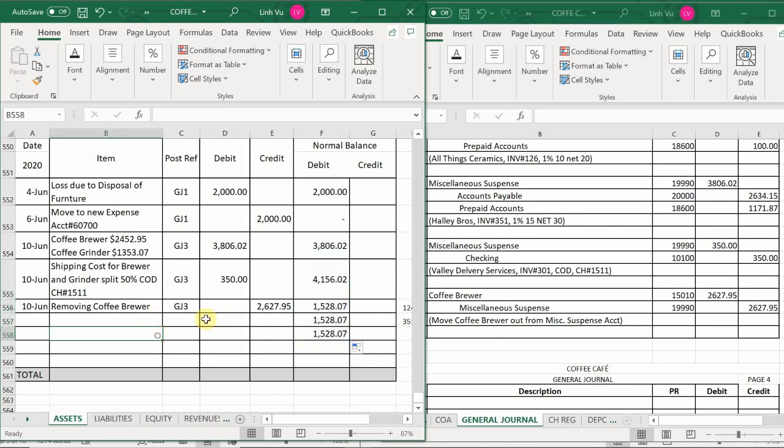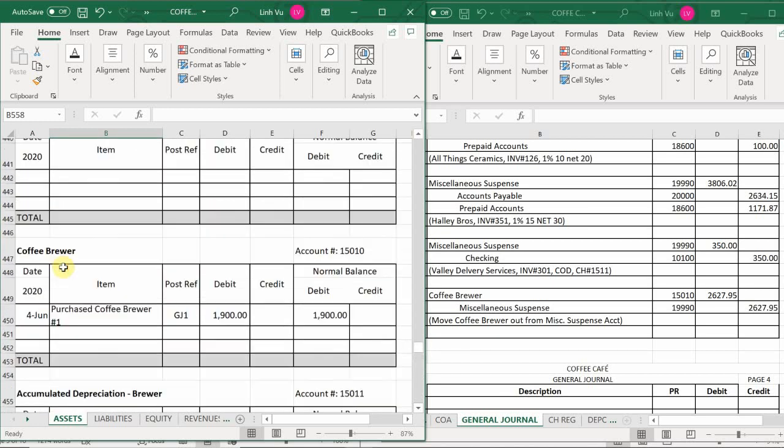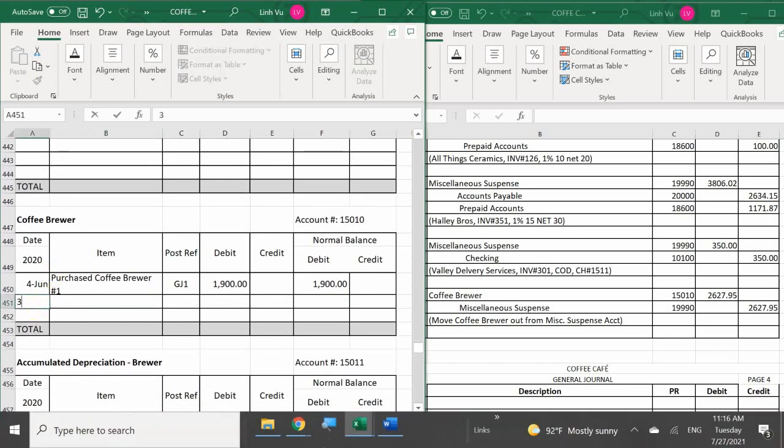Now that I have the $2,627.95 for my coffee brewer, I'm going to put that into my coffee brewer account. I'm going to make a reference point here because this is my coffee brewer number 2, done on general journal number 3, and I'm going to increase my coffee brewer account by $2,627.95.